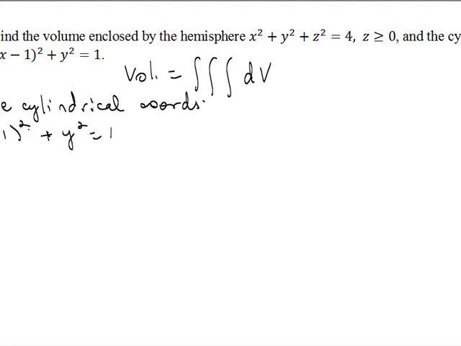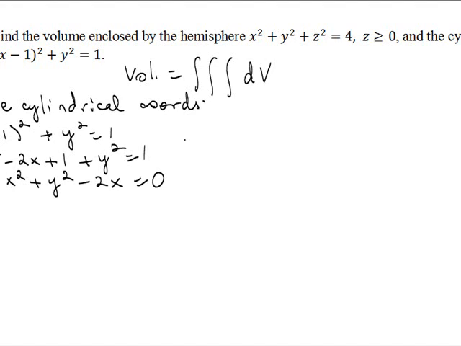So let's FOIL this out. This becomes x squared minus 2x plus 1 plus y squared equals 1, which gives you x squared plus y squared minus 2x equals 0.